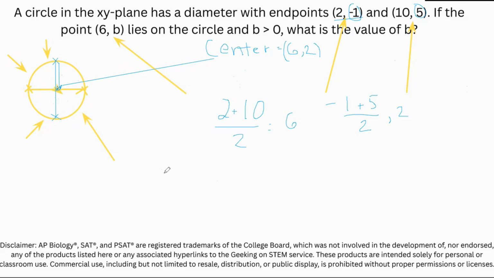To do that, remember the distance formula. I'm going to take the square root of the quantity: the 6 from the center, that's my x1, minus my x2, which is the 2 from the first point, squared, plus my y2, which is the 2 from the center, minus my y1, which is the -1 from that first point, squared.